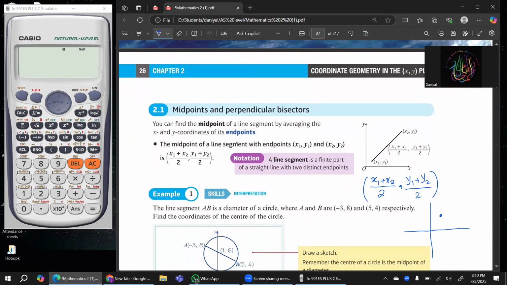If we have a line starting from this point, it is going to be our x1 comma y1, and if we draw this point, it's going to be our x2 comma y2.